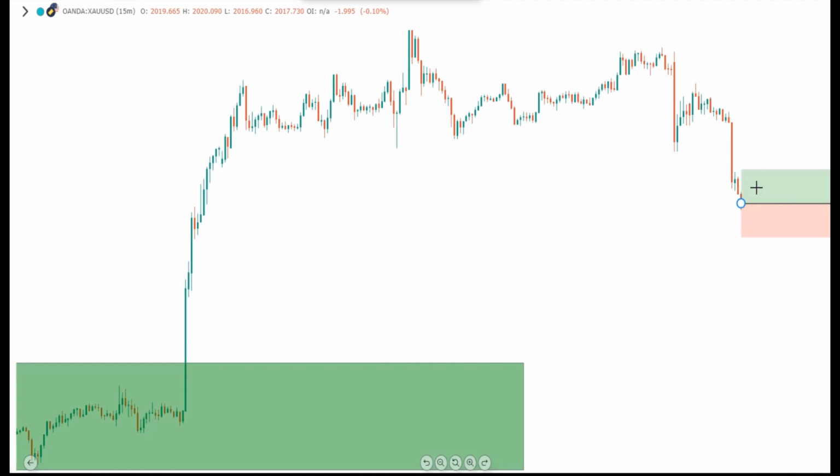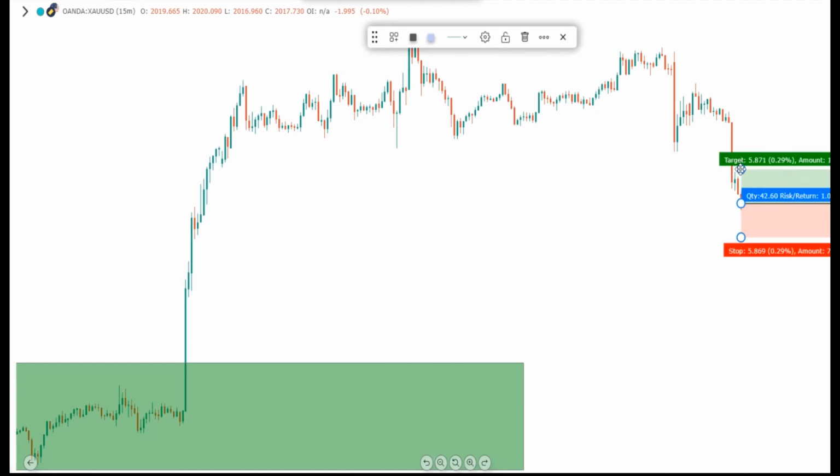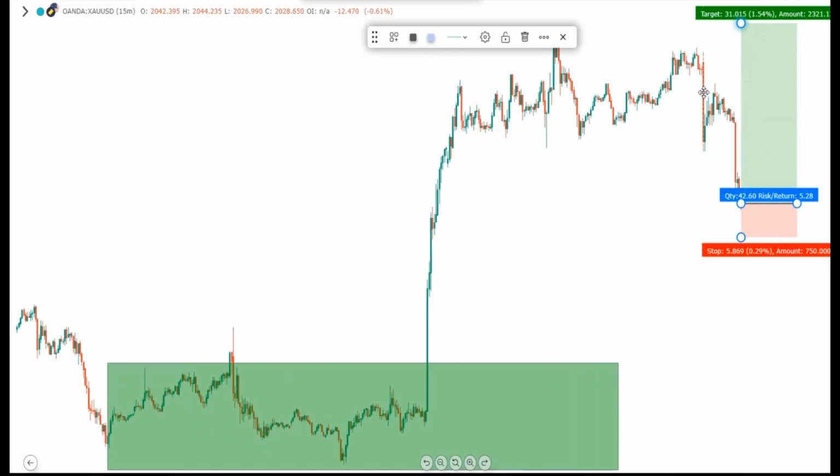We enter a long position when the price reaches the order block area, and we set our take profit at the supply area.